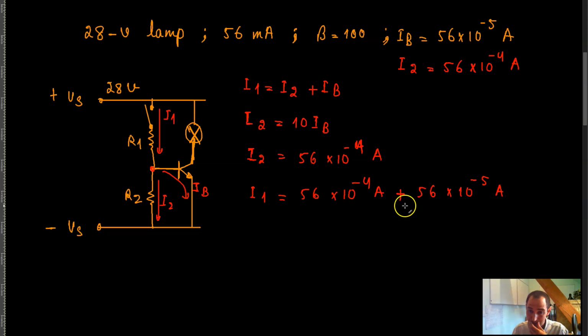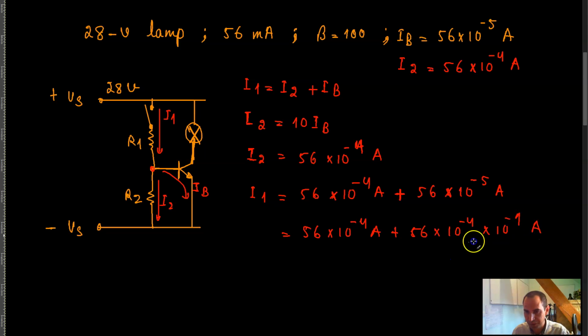Now you need to be careful here with this calculation because adding these numbers is a little bit tricky, or at least I make mistakes here most of the time. So I can write this as 56 times 10 raised to the power negative 4 amp plus 56 times 10 raised to the power negative 4 times 10 raised to the power negative 1 amp, right?